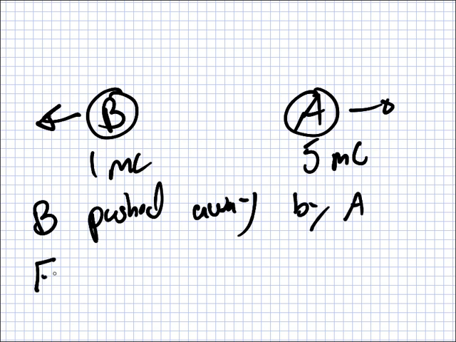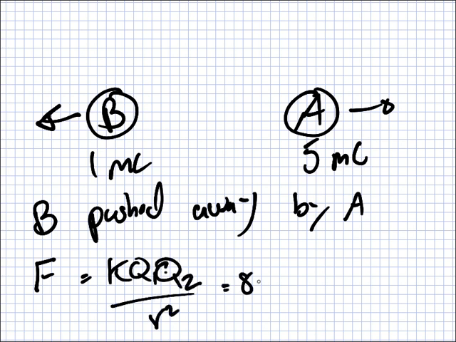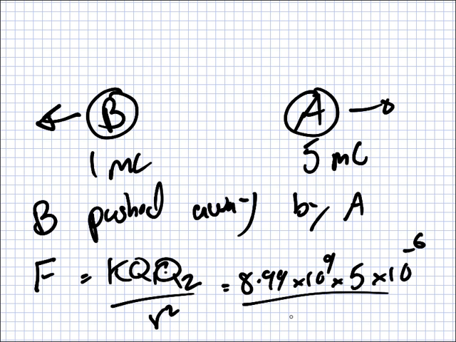And the force is K, Q1, Q2 over R squared. That's 8.99 times 10 to the 9 times 5 times 10 to the minus 6 over 0.025 squared.